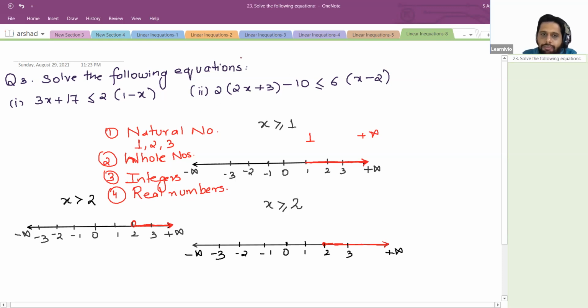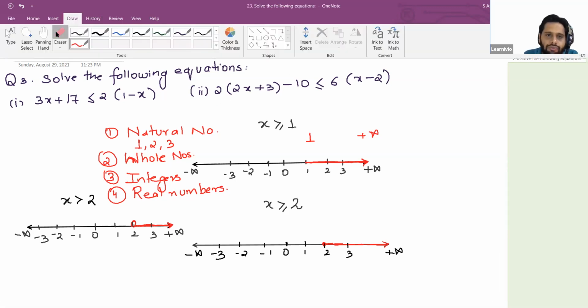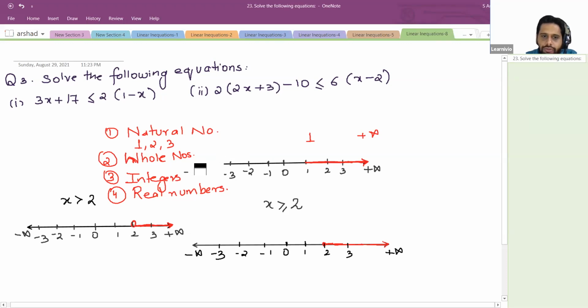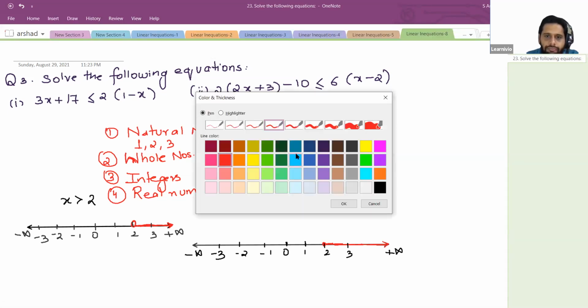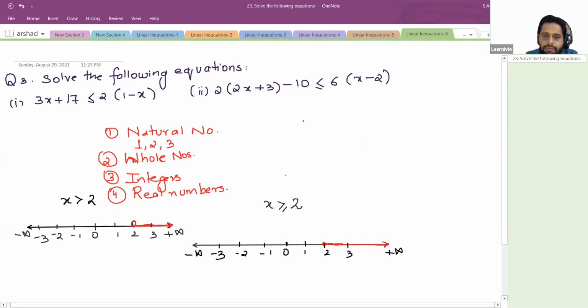Okay, so for example, if we need to represent a solution on a number line and the solution is a natural number, so for example, our solution is like this: x belongs to natural numbers, so that can be anything, for example, 1, 2, 3, and 4.